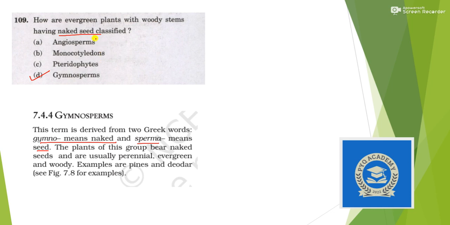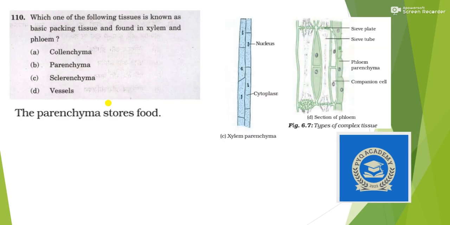Angiosperms have hidden seeds, opposite to gymnosperms. Monocotyledons means one single cotyledon, and pteridophytes are totally different. So the answer is gymnosperm. This is a question from class 9, Diversity in Living Organisms.